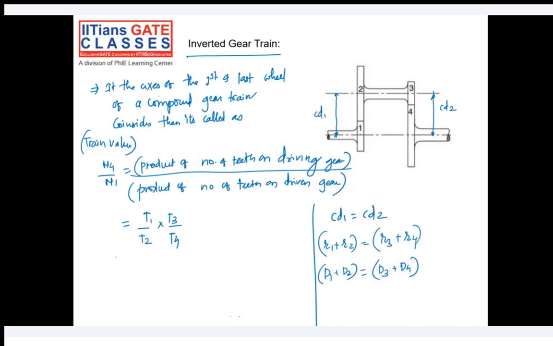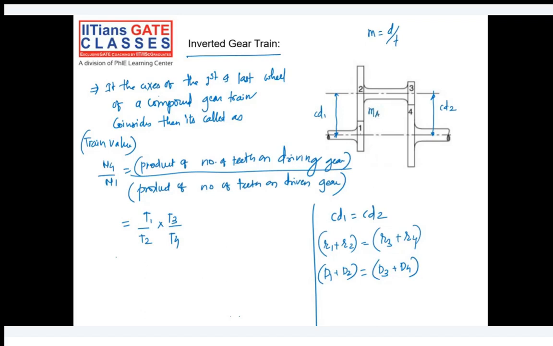And then, module is equal to d by t. Gears 1 and 2 should have the same module. Let's say the module of the first and second gear is ma, and the module of the third and fourth gear has to be the same, let's call it mb.